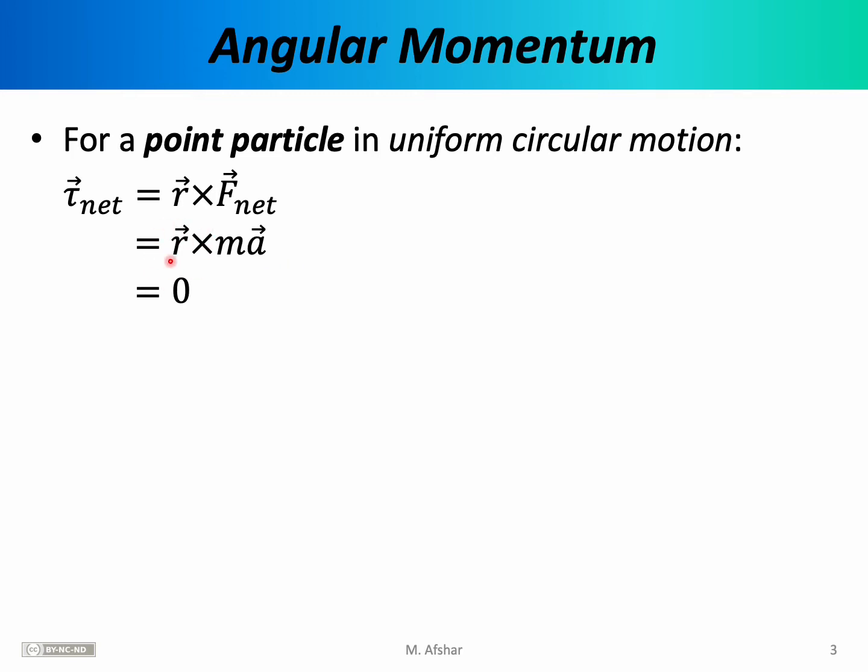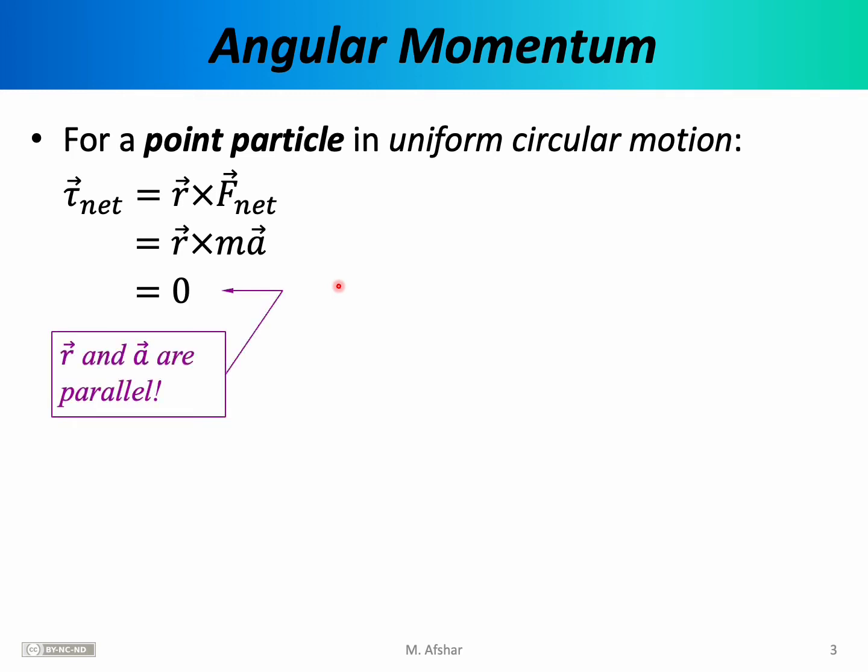The position vector points from the center to the circumference, whereas the acceleration vector basically points from the circumference to the center. So they are both collinear, or they are simply parallel to one another. This fact is important because it means that their cross product is going to be zero. Remember how we calculate the cross product of two vectors?